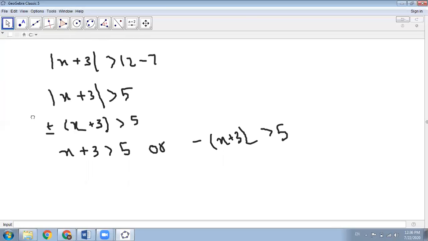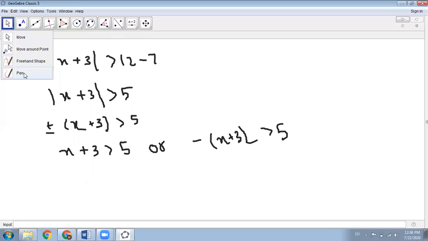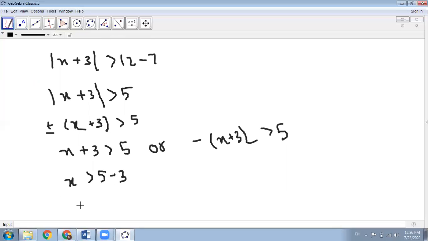And now the same way we solve the whole inequalities. x greater than 5 minus 3. So we get x greater than 2, or minus x minus 3 greater than 5.